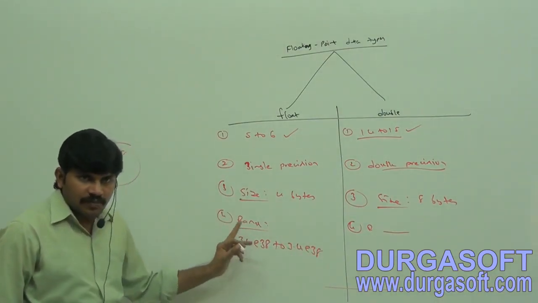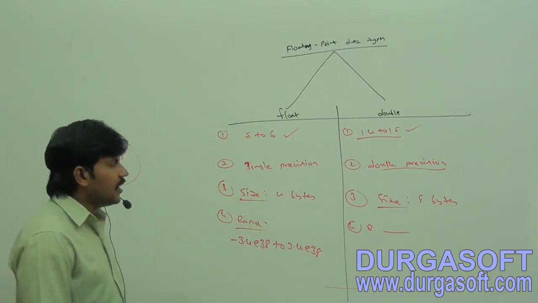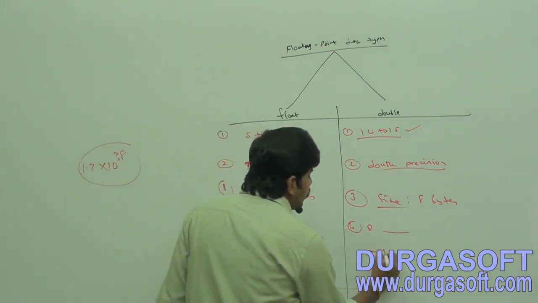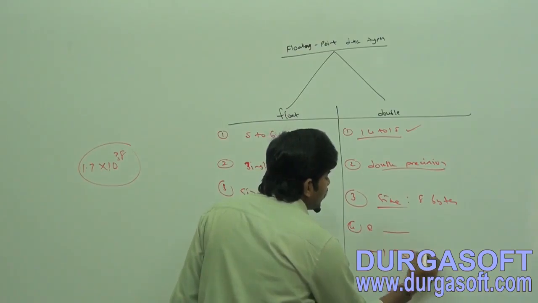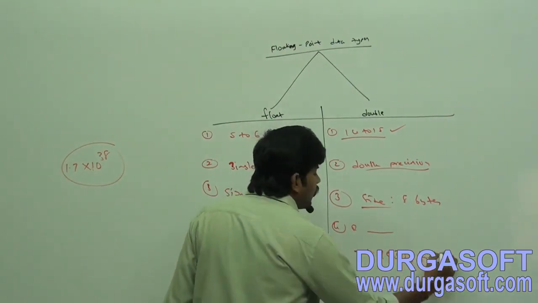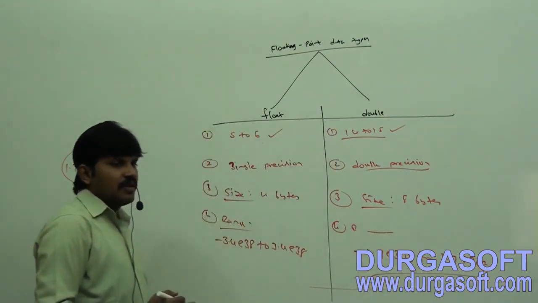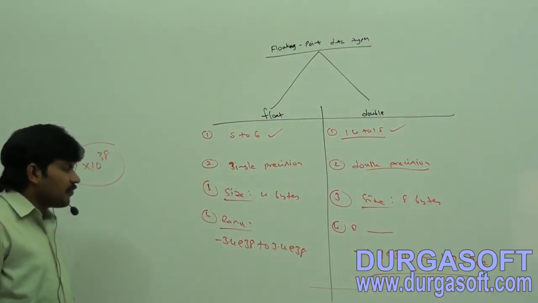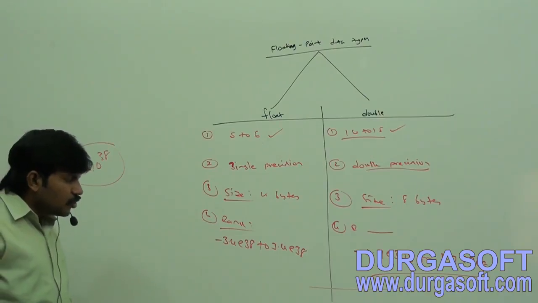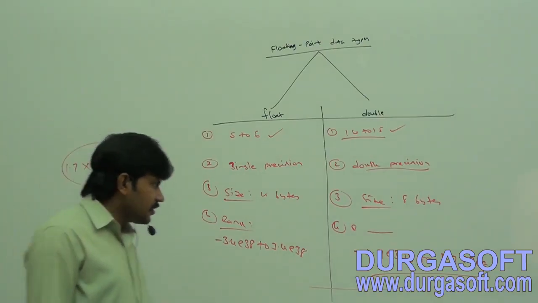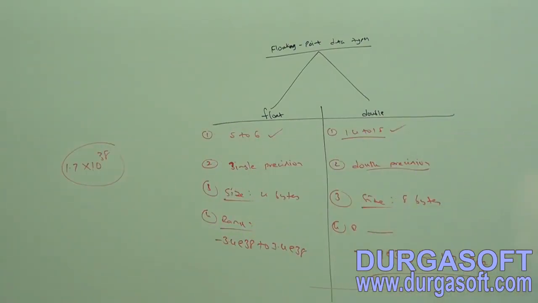If it is double, minus 1.7 E308 to 1.7 E308. Okay, that's all. So better to note it down clearly.